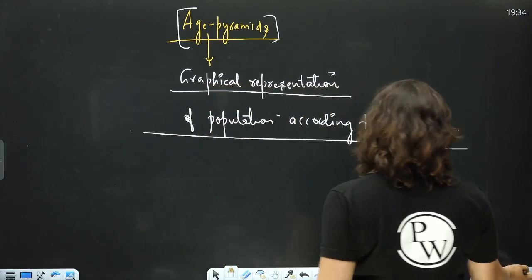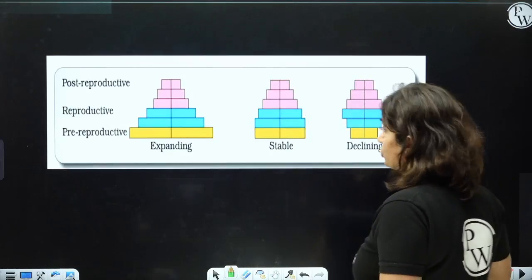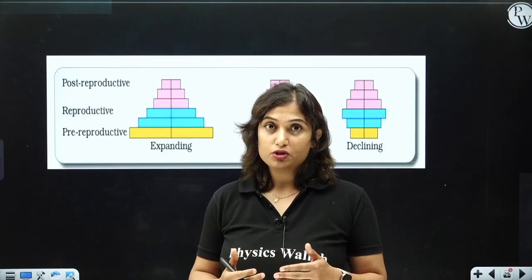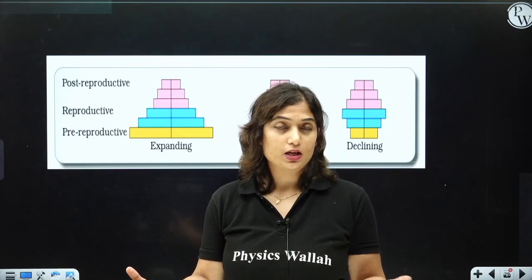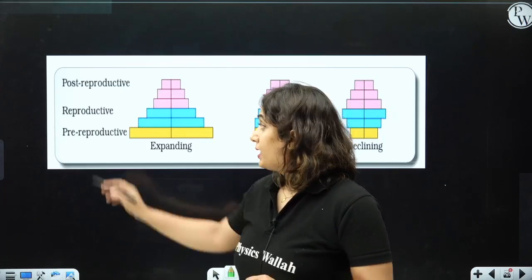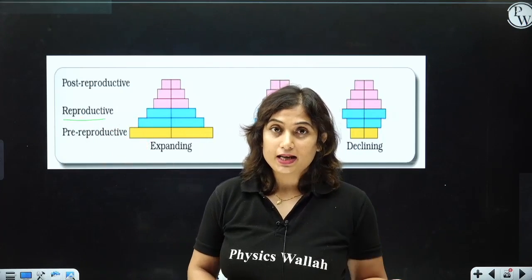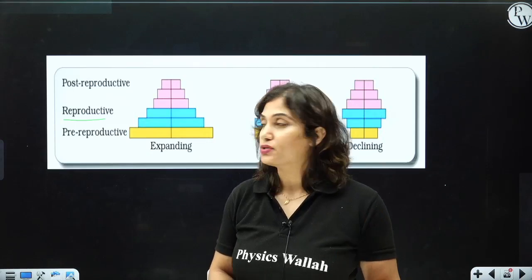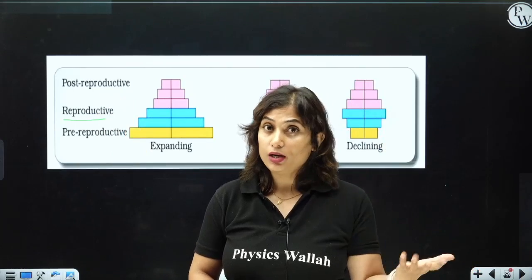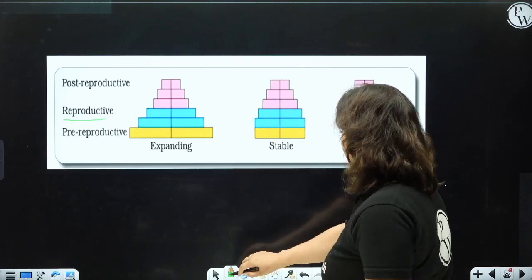See, this is important. In a population, there are 3 kinds of individuals. Pre-reproductive individuals, that is the kids, the children who cannot reproduce right now. Then reproductive individuals, the adults, who have attained puberty and can reproduce. And then post-reproductive individuals, who are old and cannot reproduce, right?